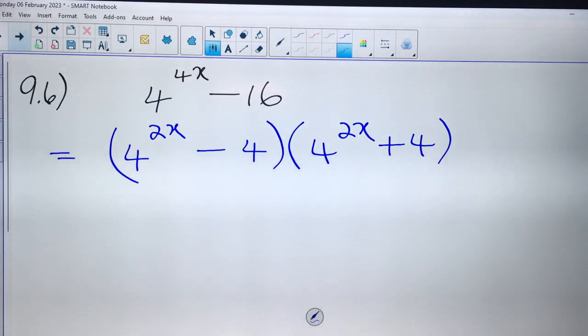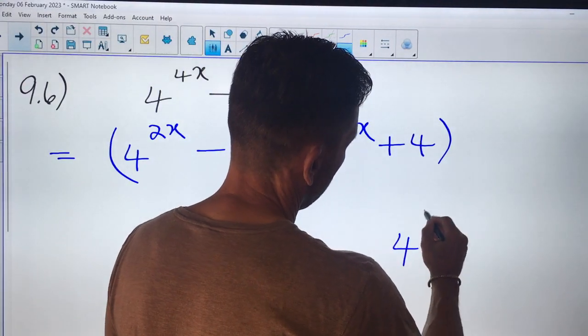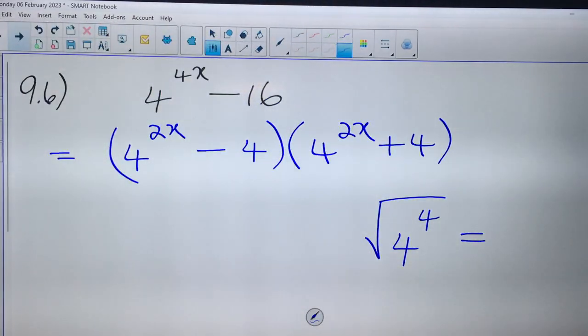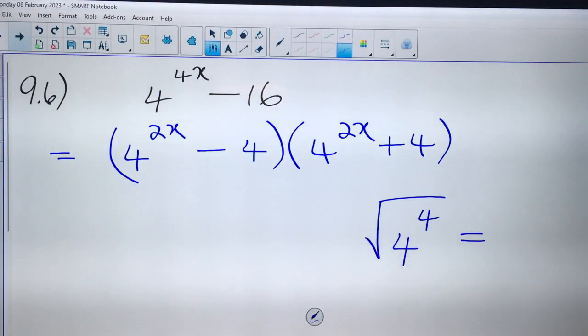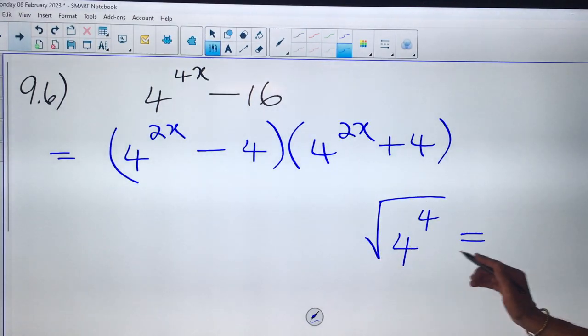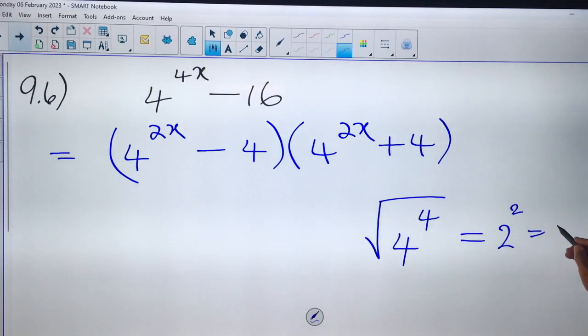Because we cannot calculate. Okay, let me put it to you like this. Let's say 4 to the power of 4. If you calculate the square root of that, what do you get? Check in the calculator. 16. So if I do what you want to do there, and I calculate the square root of 4, that is 2, and the square root of that is 2. That will give me 4. So something is clearly off here.